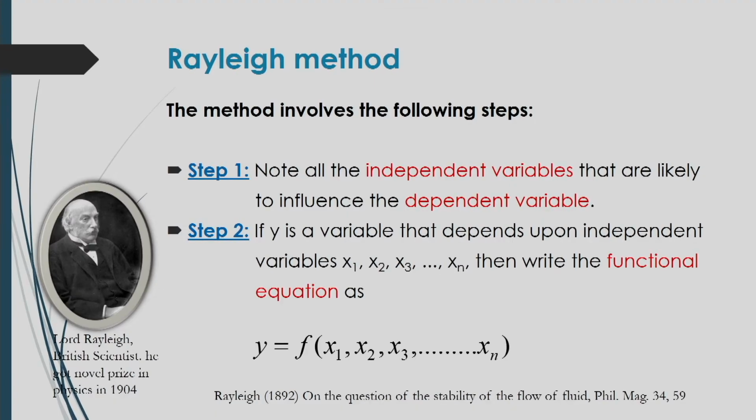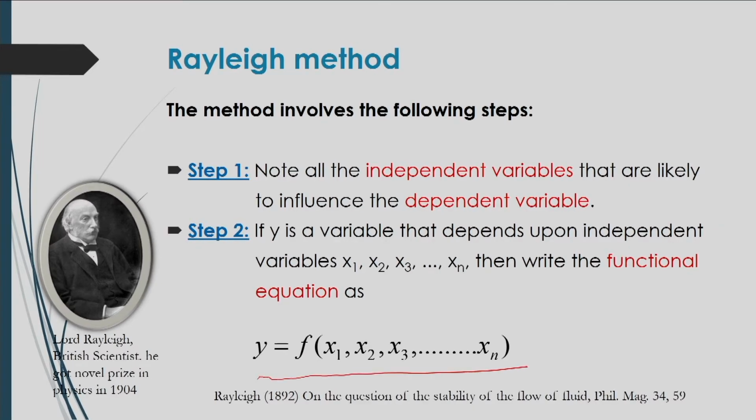So, you have to note all the independent variables that are likely to influence the process, and also the dependent variables on which these independent variables will be affecting. Then, if y is a variable that depends upon independent variables like x1, x2, x3 and xn, write the functional equation as y equals a function of x1, x2, x3 dot dot dot xn.